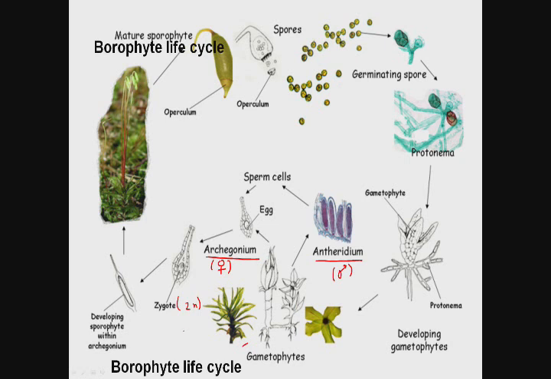Zygote grows into embryo. Embryo grows into sporophyte. Now I must define to you what is sporophyte. Anything which produces spore is called sporophyte. Anything which produces gamete is called gametophyte.